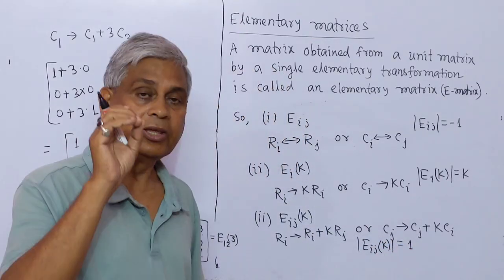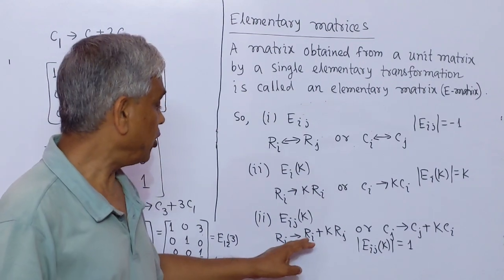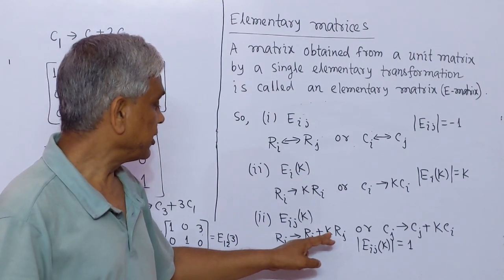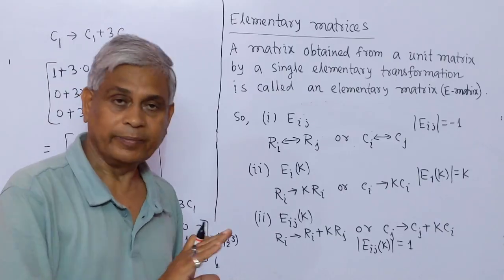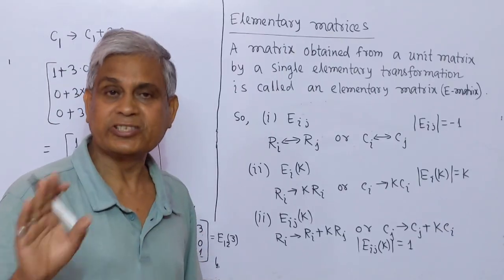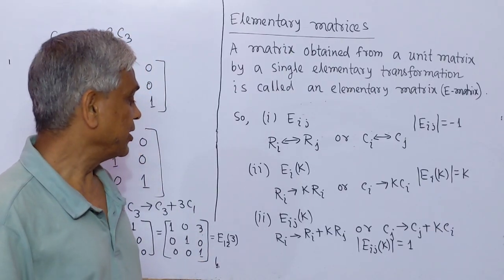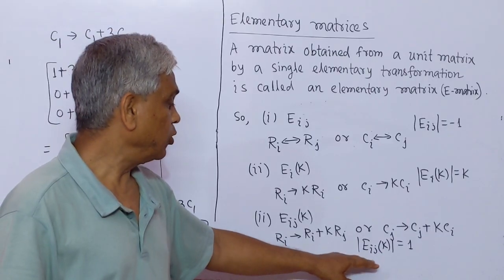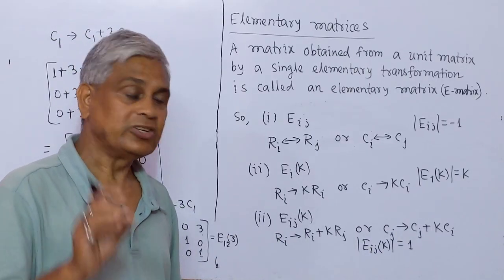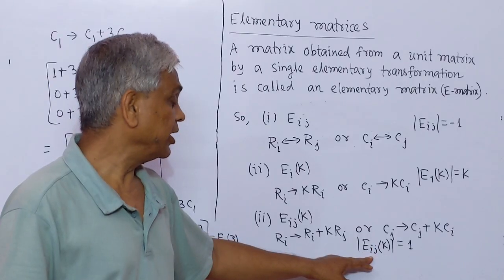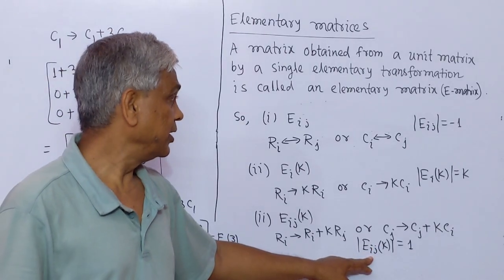Because if we add elements of a row to K multiplied by the elements of another row, the value of the determinant is not changed. That means this determinant will be equal to the determinant of the unit matrix.